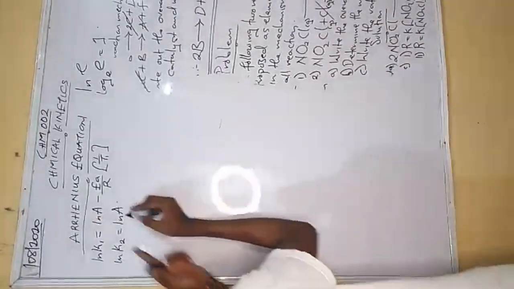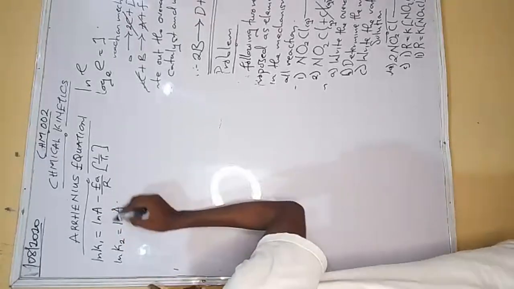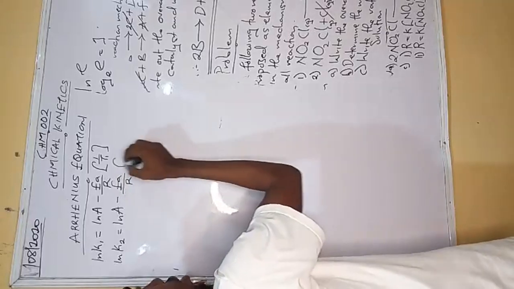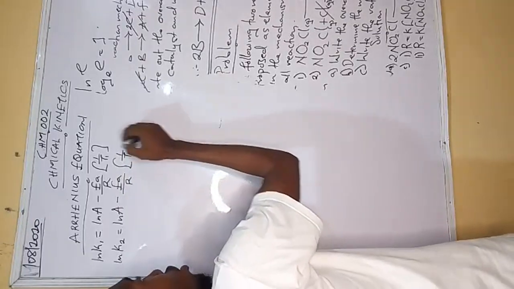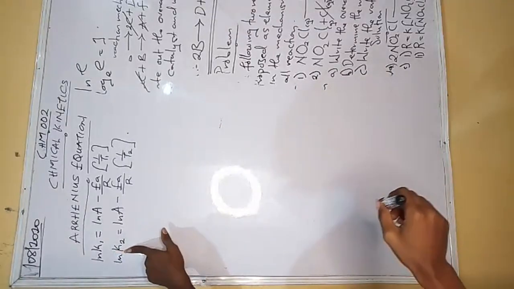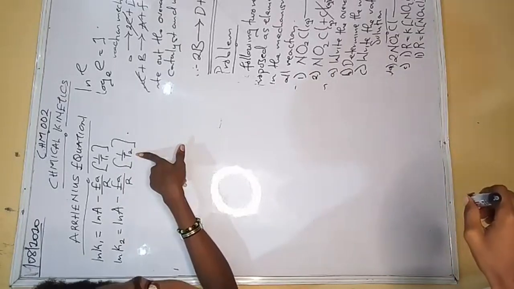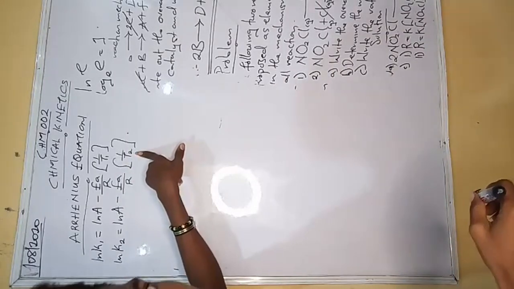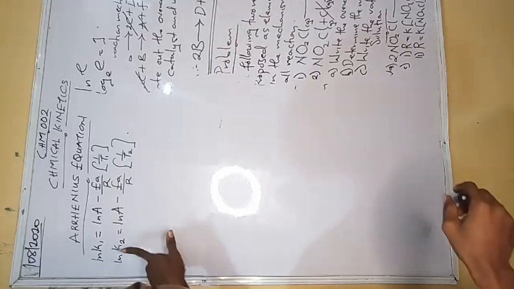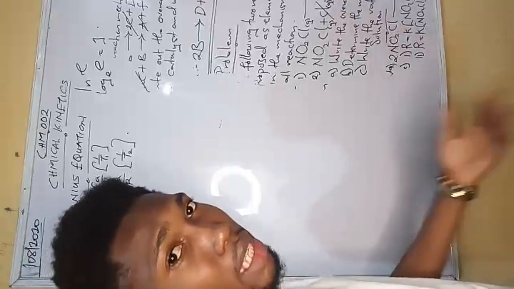So for that same reaction, what is kept constant is A, and this is the constant, minus Ea over R. Since you are looking at the temperature effect on the rate constant, when you change the rate constant to k2, it will be as a result of a change in temperature. That means if temperature changes to T2, our rate constant should change also, and that will be k2. Now, I want to know the relationship between the change in temperatures.